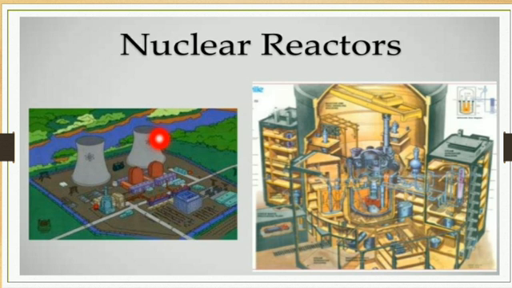In the core of nuclear reactors they use radioactive materials like uranium, radium, polonium. These radioactive materials emit radiations like alpha, beta and gamma rays.